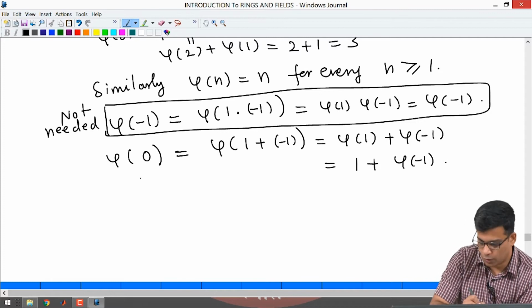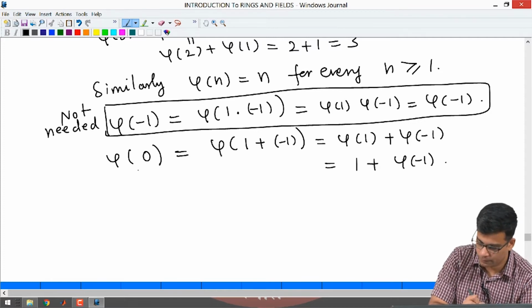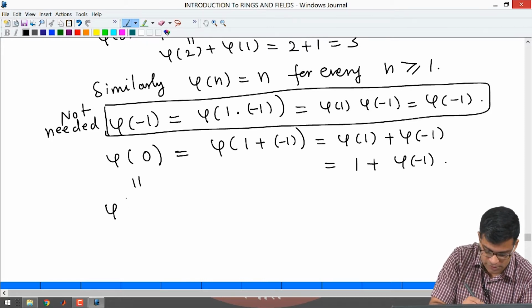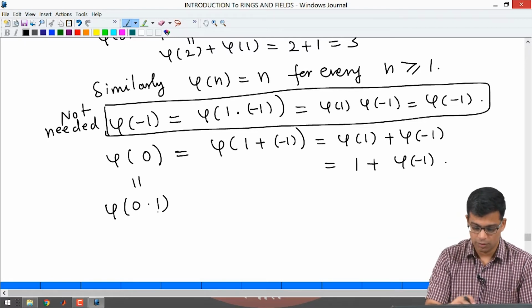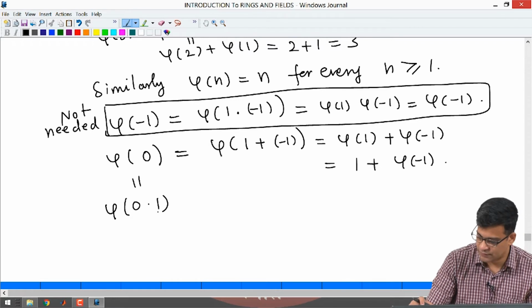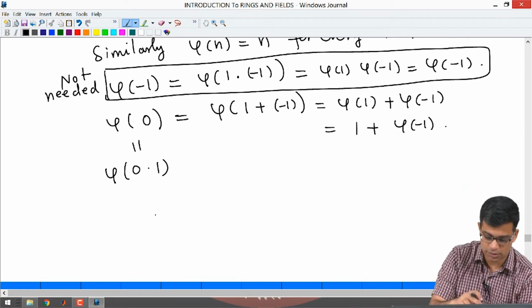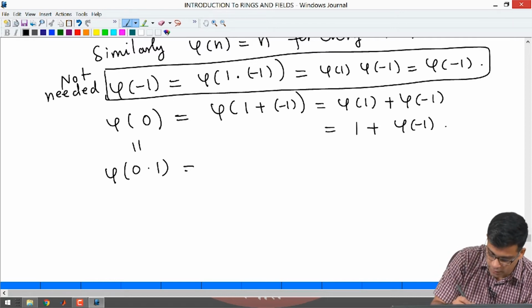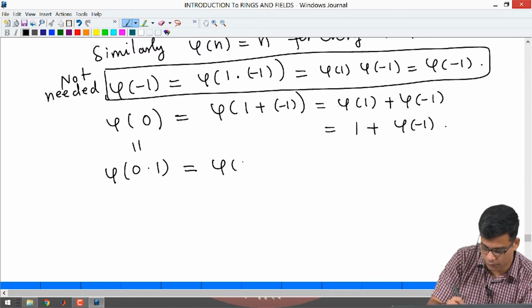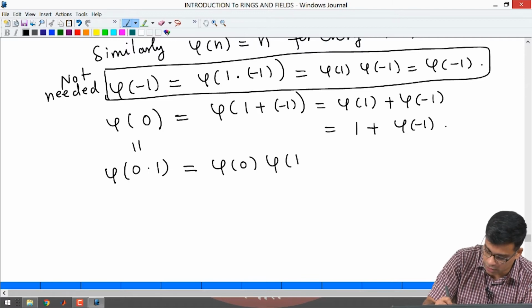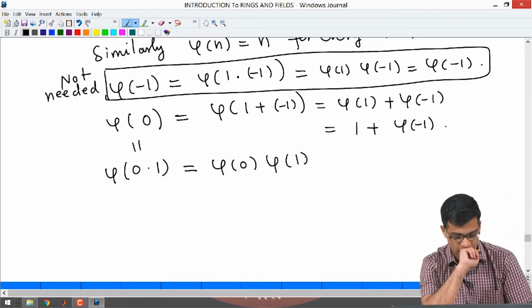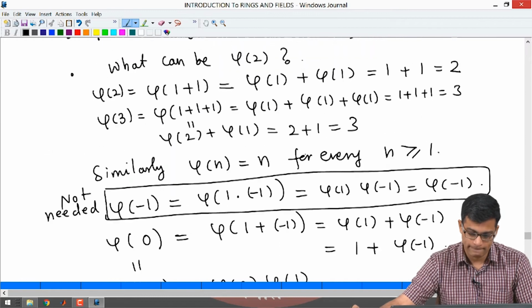Now I want to show that phi of 0 is 0. So, phi of 0 is on the one hand 1 plus phi of minus 1. Now, phi of 0 is phi of 0 times 1, because 0 is equal to 0 times 1, and this is equal to, by the property of a ring homomorphism, phi of 0 times phi of 1.